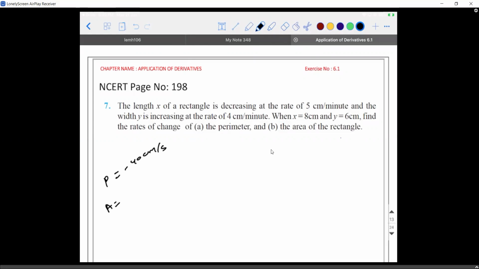Let's see. Getting dx by dt minus 2, sir, for the perimeter. Minus 2 centimeter per second.